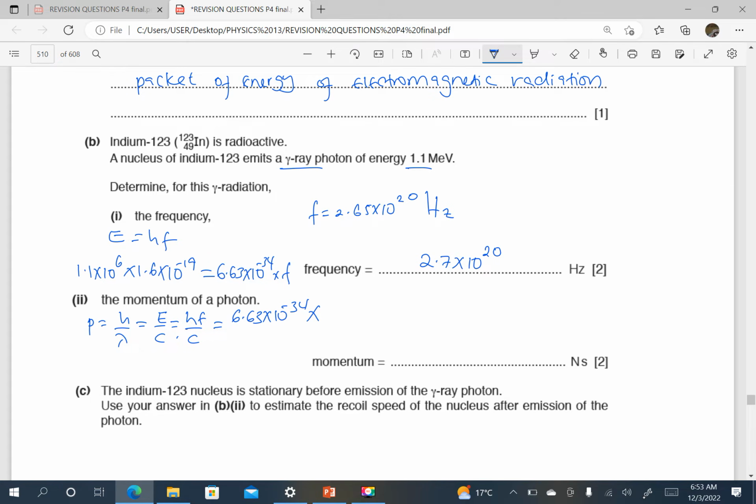So this is times 2.65 times 10 power 20 divided by the speed of light, which is 3.0 times 10 power 8.